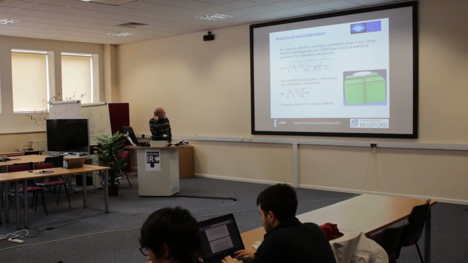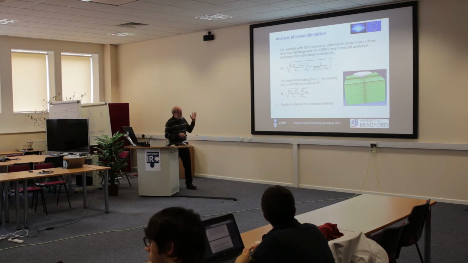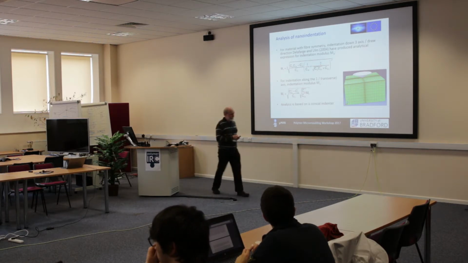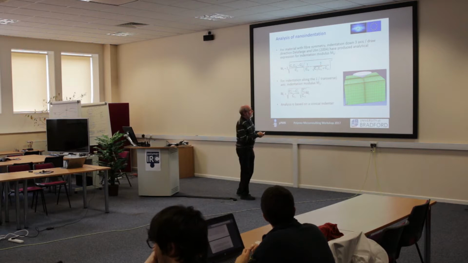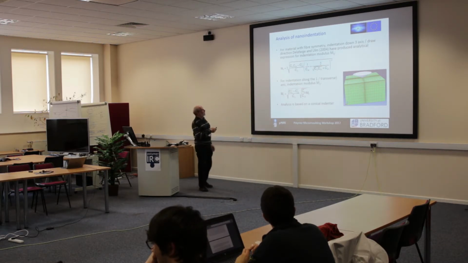So someone has actually done an analysis of this for this type of symmetry. So we find in the literature someone's done an analysis based exactly as before on this kind of conical indenter, and they produced an expression involving the stiffness constants for M3.